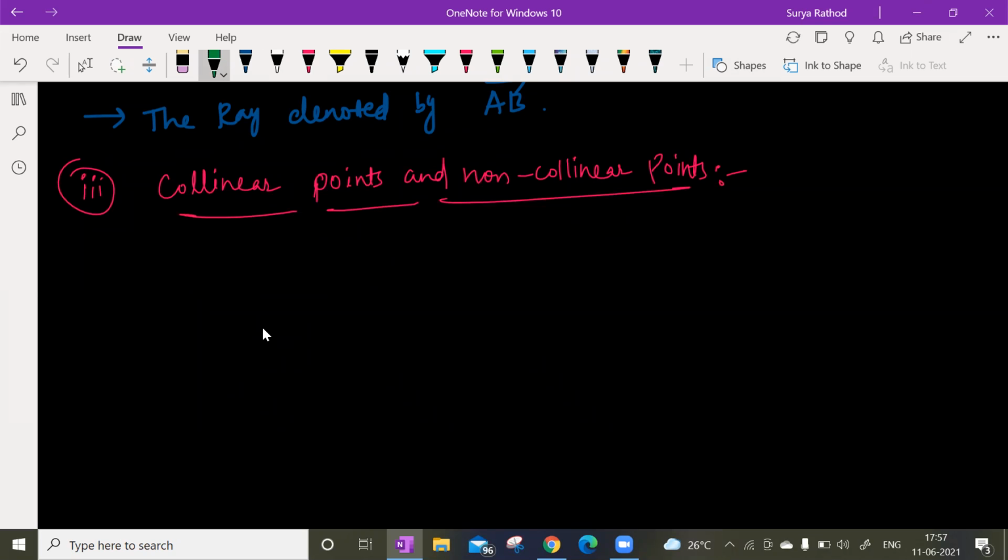So basically, guys, look at this here. First, let us talk about collinear points. Basically, what does it mean? What is the meaning of collinear?